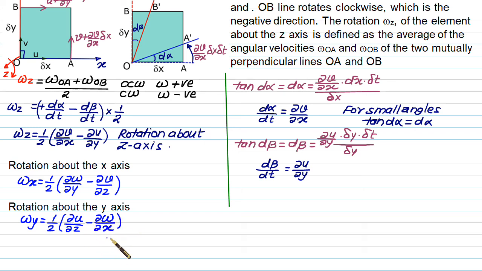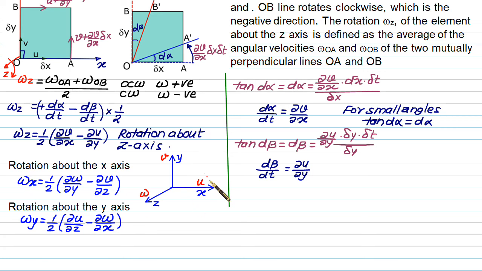Now you can remember like this. So this frame represents our coordinate system x, y, z. Along the x we have component u, along the y we have component v, along the z we have component w. So when we are taking the rotation about the z axis, then we have del v by del x minus del u by del y, this component.